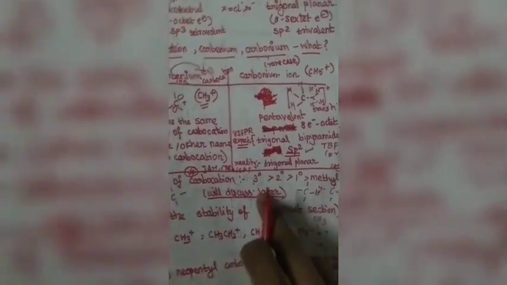Compare the stability and say your answer in the comment section. CH3 plus, CH3CH2 plus, (CH3)2CH plus, (CH3)3C plus: which is more stable? Give the order. Take these as A, B, C, D. According to this rule, what will be the answer? Don't go with explanation, just memorize this rule and apply it here.